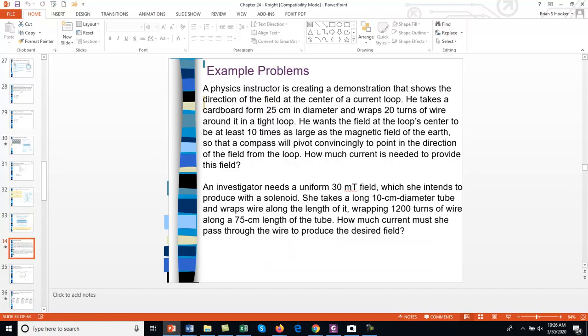Going back to the problem here really quick, we have a 30 millitesla field. We have 1,200 turns, that's N, and a 75 centimeter length, that's L. Now we have enough information to solve for the current.